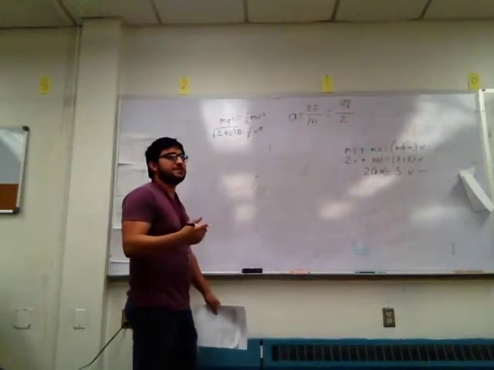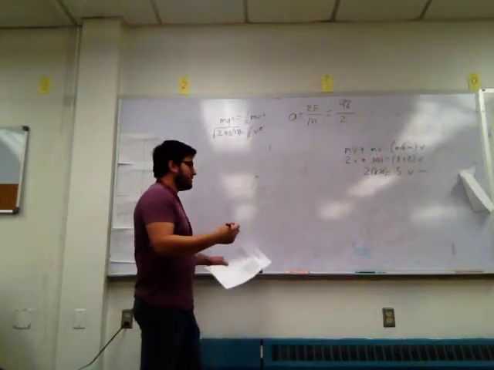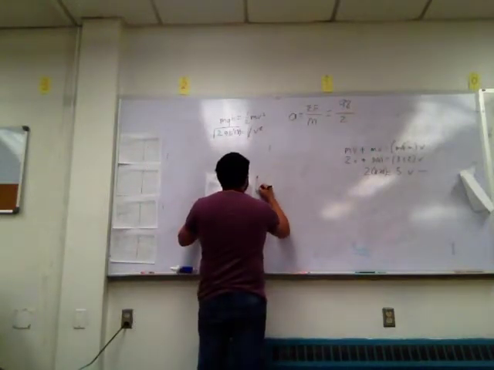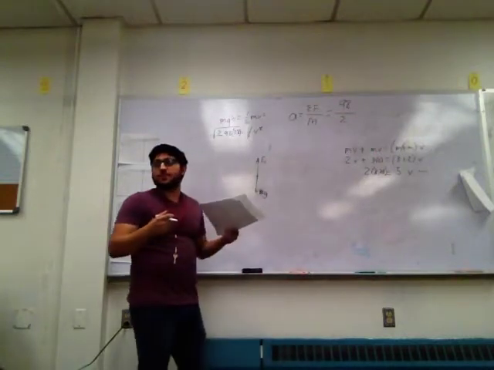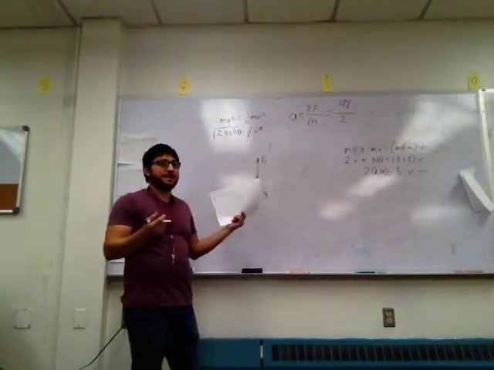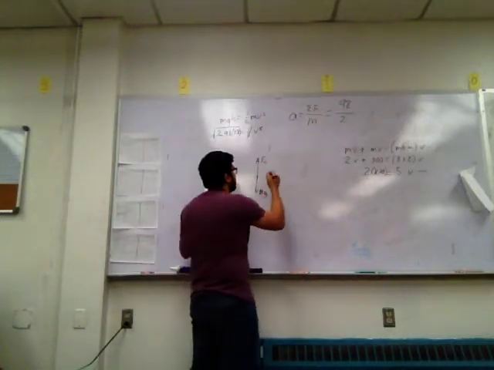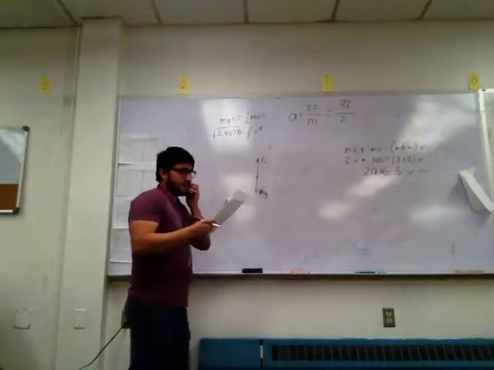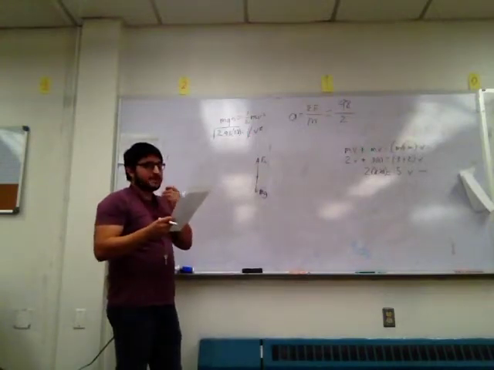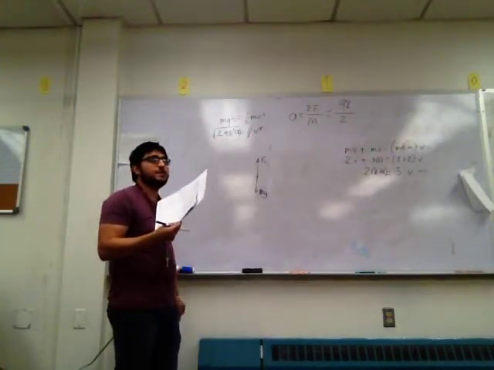But let's look at this problem right here. So we draw a free body diagram, what are the forces? Mg, of course, and the normal force. They don't call it the normal force in this problem, but we know the normal force is F, what they're talking about right here. So, let's talk about this right now. Which direction is it moving? Upward.